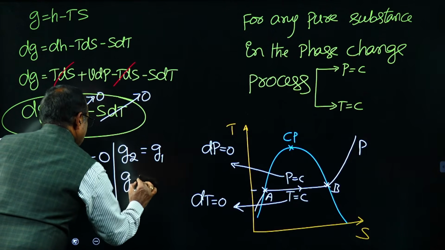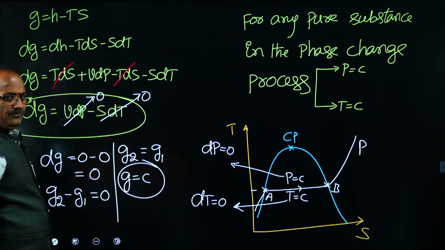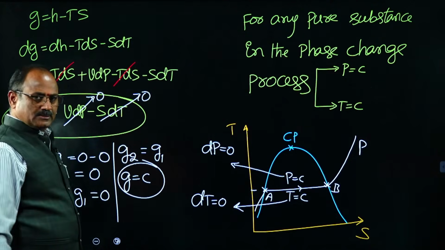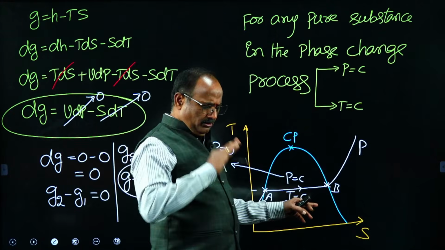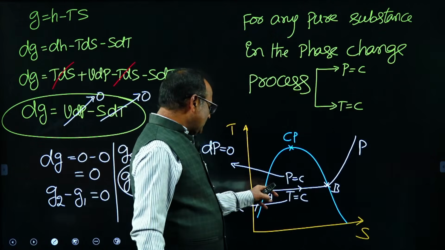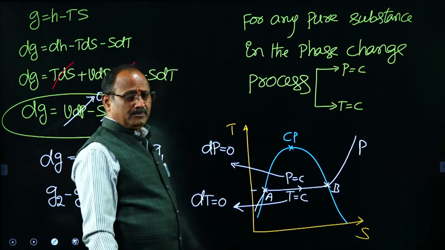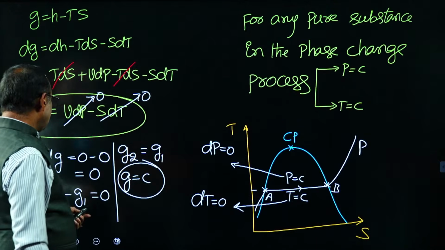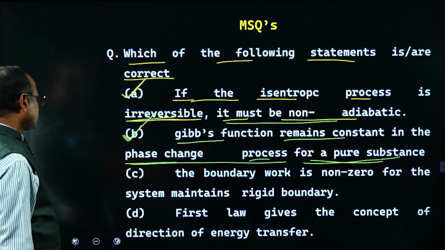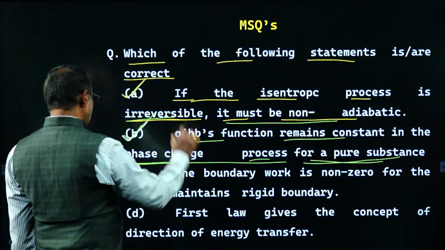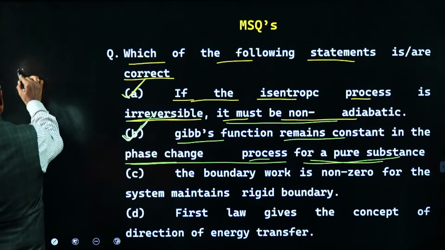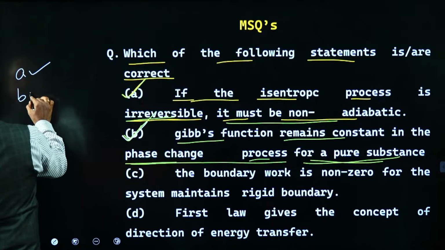That means the Gibbs function remains constant during the phase change process for any pure substance. The Gibbs function at state A equals the Gibbs function at state B. So A is correct, B is also correct.